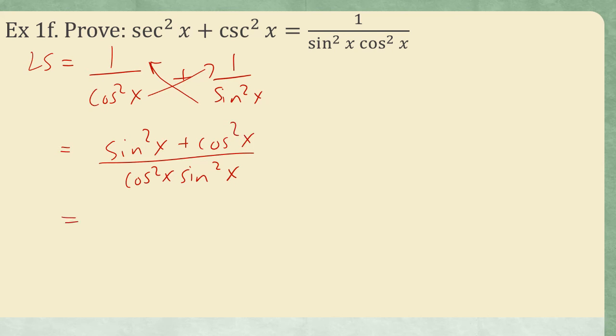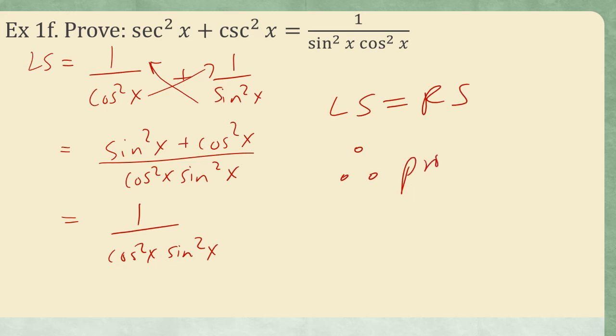Sine² plus cos², Pythagorean identity, 1 over cos² x sine² x. Now, if you're thinking, well, wait a minute, on the right side, it's got sine in front of cos. Remember, multiplication does not matter the order. So that is, in fact, a left side equals right side situation. Therefore, proven. Smiley face with the tongue. Double exclamation.